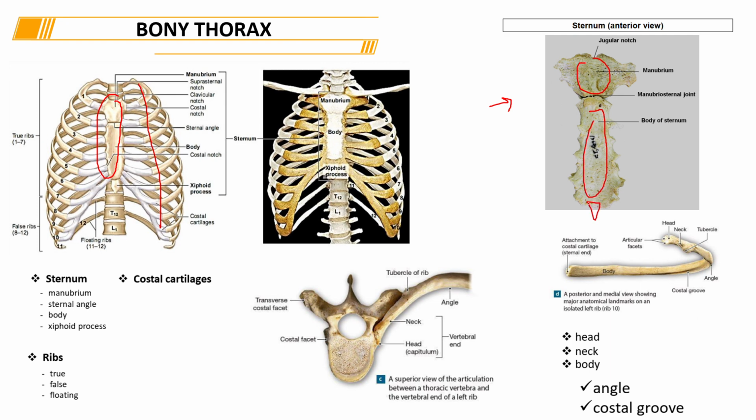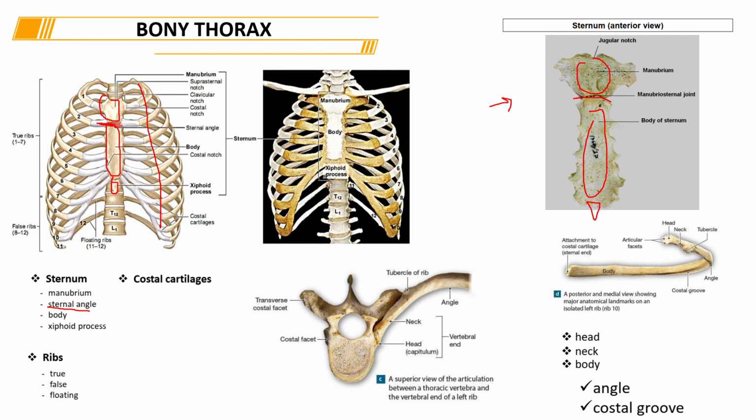In this picture, here is the manubrium, body, and the xiphoid. And the point where the manubrium joins with the body is called the sternal angle, or the manubriosternal joint.